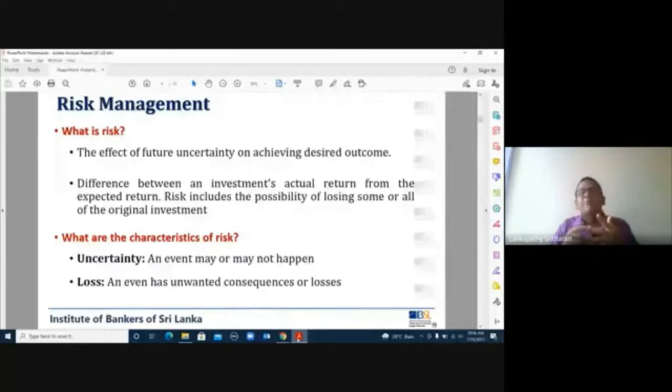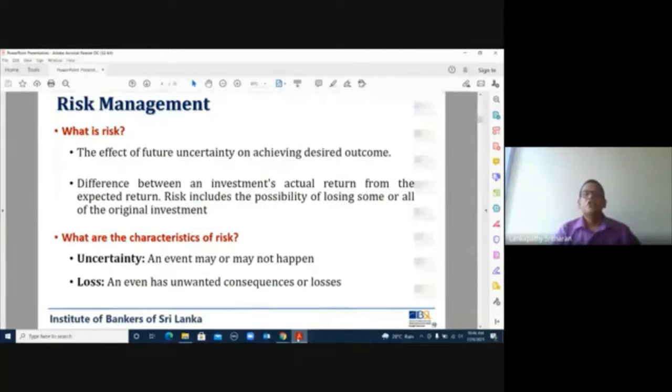In the second option, your expected return is 10 million, but you are getting only 7 million as a return. Then that is considered a risk. And third, of course, is a risk, because your expected return is 110 million, but you are even losing some of your capital amount, getting just 95 million.